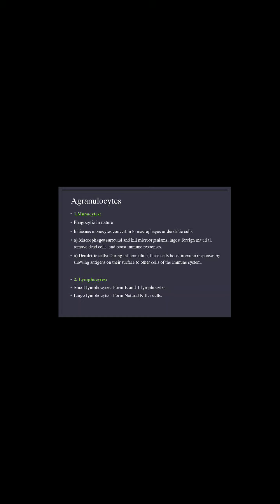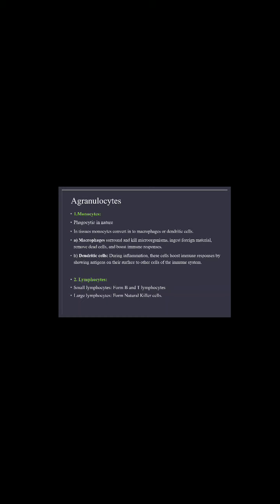These pores allow entry of water, by which they swell up and burst. And the cellular remains are then eaten by phagocytosis. So natural killer cells are also very important. They make holes in the microorganisms, so the water enters, by which it swells up, and afterwards all are consumed by phagocytosis.